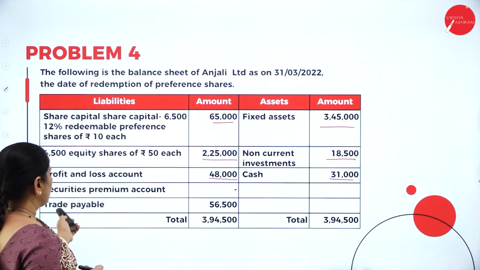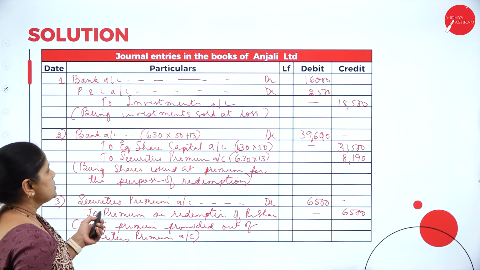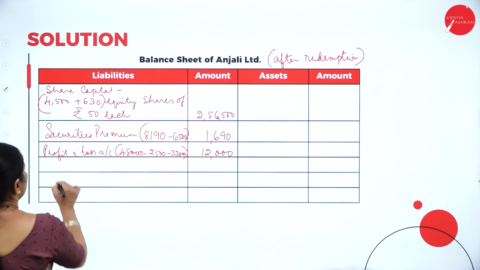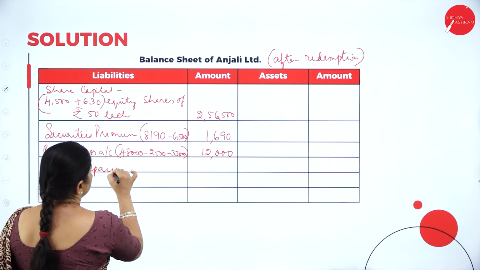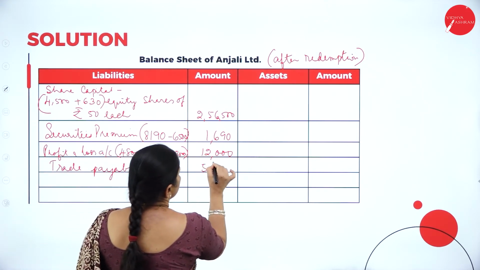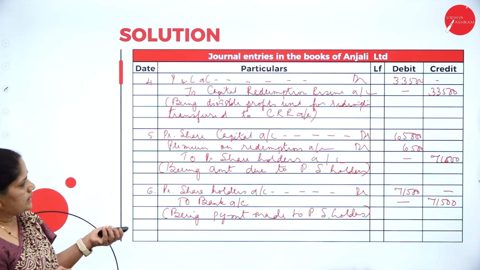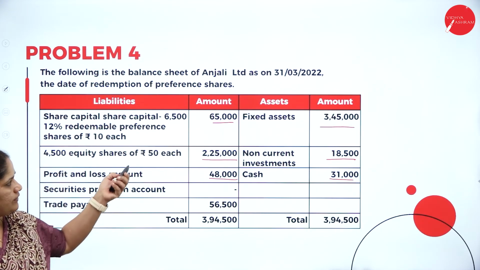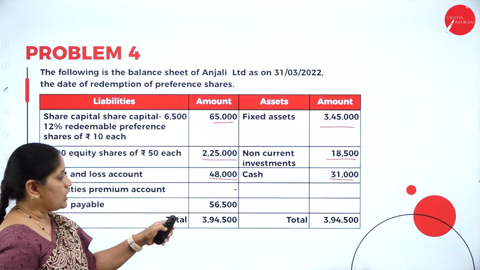Securities premium account over, profit and loss account finished, next trade payable, 56,500. Now on the asset side we have fixed assets, there is no change, but investments we will not write, cash there will be a change.